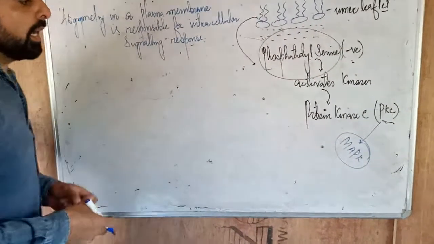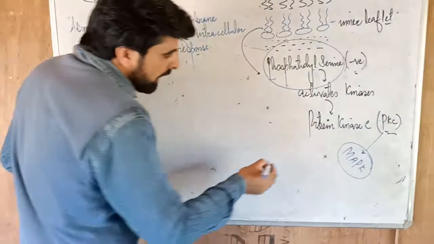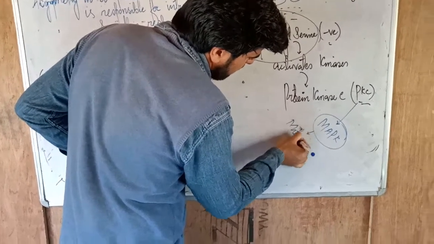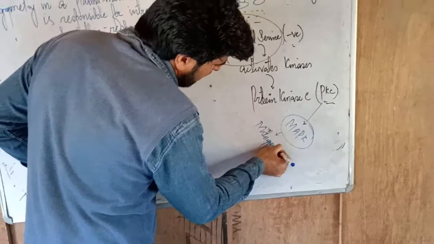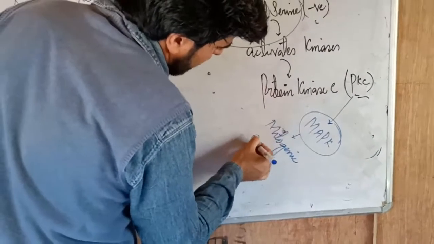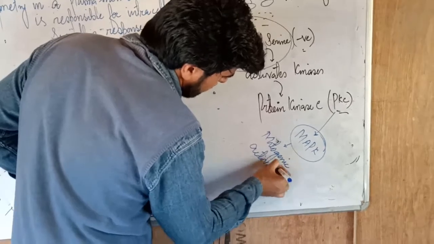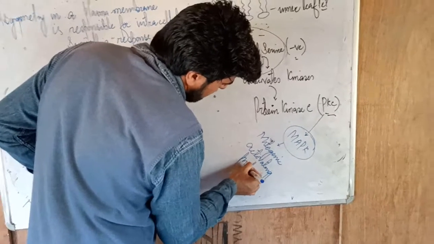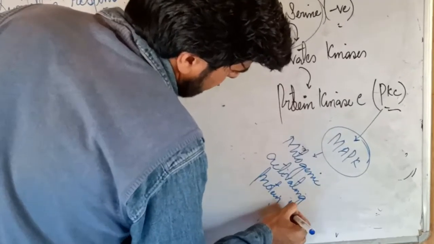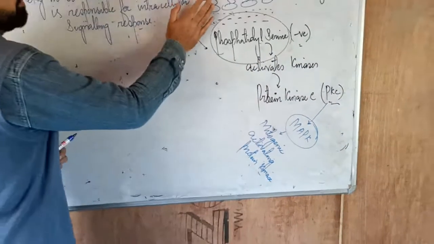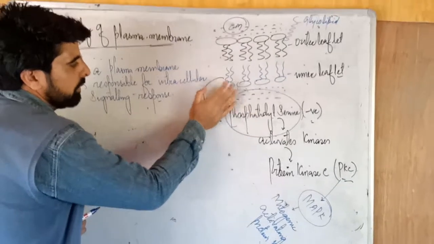Now, what does MAPK mean? MAPK means mitogen activated protein kinase. See, why I am recapitulating the point: in the inner membrane we have the presence of phospholipids.